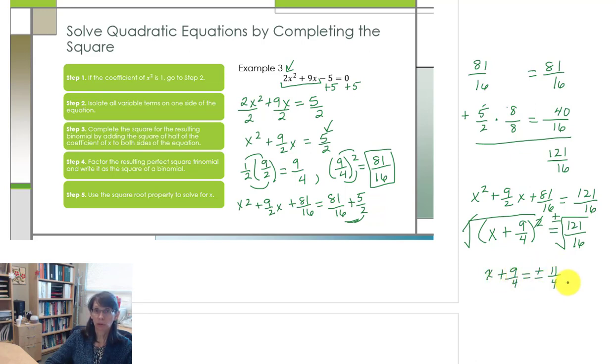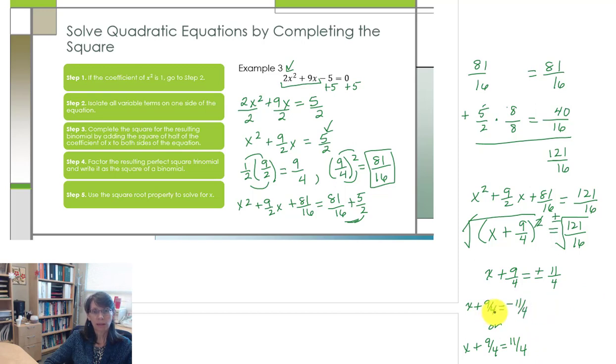We can now set up two separate equations to solve and get our solutions. So one equation is x plus 9 fourths equals negative 11 fourths, or the other equation is x plus 9 fourths equals positive 11 fourths.